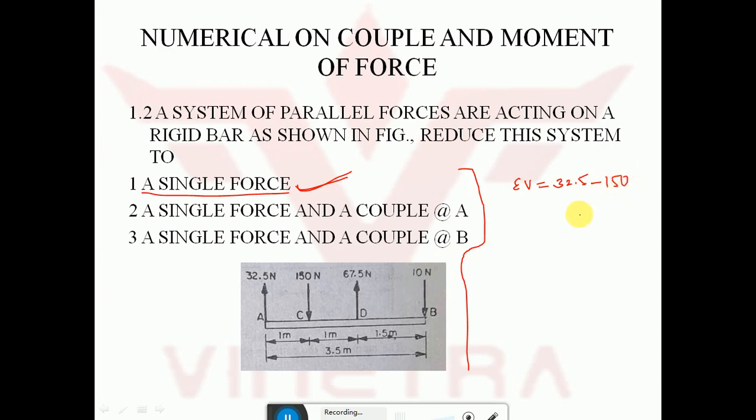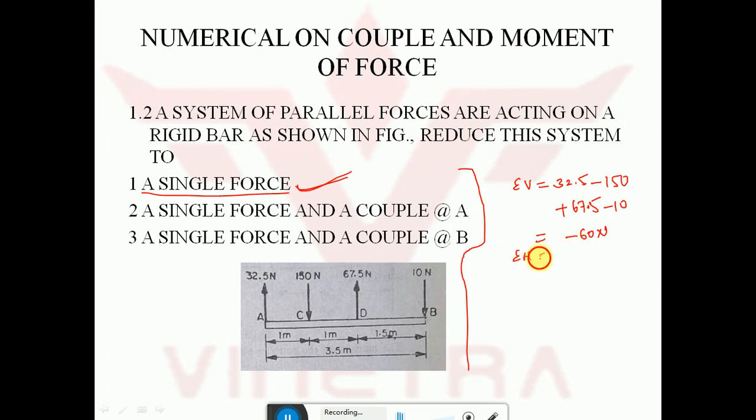Then again 67.5 is the upward force, positive, and 10 Newton is acting in the downward direction, so I will take it as negative. So the summation of all these vertical forces will be minus 60 Newton. This is the single force, that is, the equivalent.